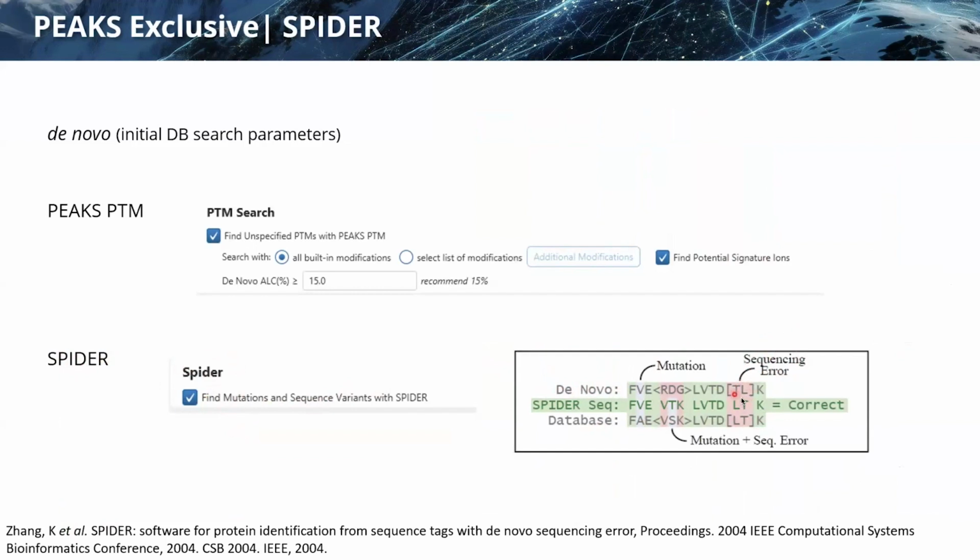So you may be swapping two amino acids, or you don't really know, maybe the mass tag is of the same mass as other two or three amino acids. So basically, we correct for the sequencing errors based on the database peptide, but we also then look for any of the amino acid substitutions or mutations.